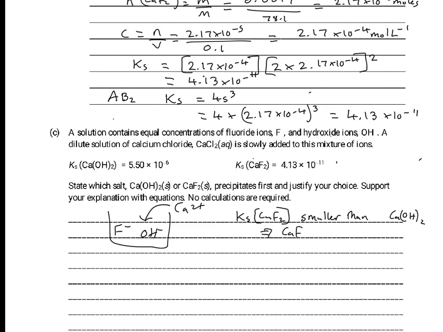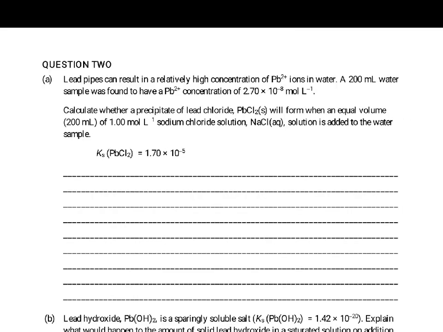What this means is that calcium fluoride is less soluble, and if it's less soluble, it means you need a lower concentration of calcium ions, therefore the calcium fluoride is going to precipitate first. Okay, so Ks is smaller, means it's less soluble, you don't need as many ions for a precipitate to form, therefore that one is going to precipitate out.